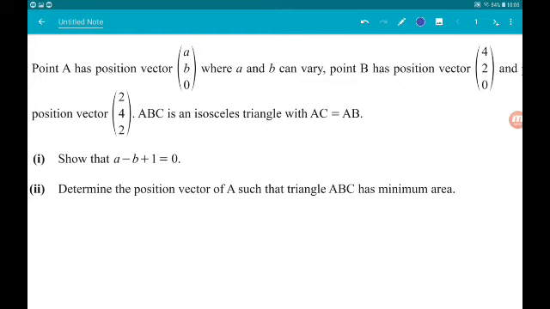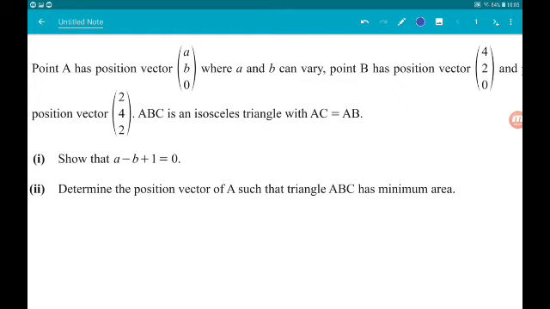ABC is an isosceles triangle such that AC is equal to AB. Part 1 wants us to show that a minus b add 1 is equal to 0.